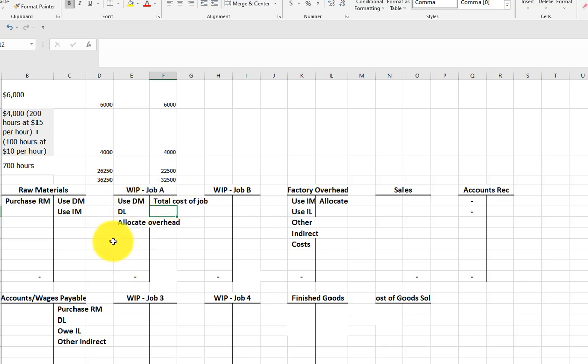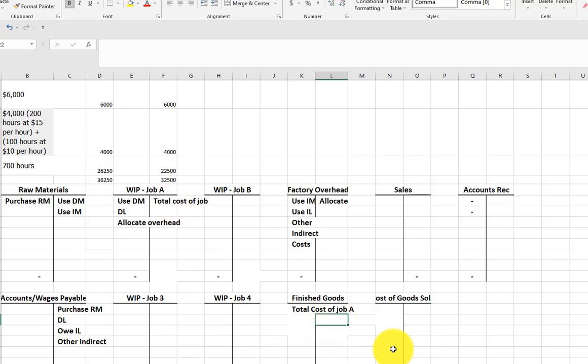So even if this job took 6 months and we had a whole bunch of direct material used, a whole bunch of direct labor, every 2 weeks we have more hours, and we allocated overhead at the end of each month, so we had that all taken care of, you would add up all that total. It could be 3, it could be 6, it could be hundreds. That total cost, and now it's finished. It's going to go down in finished goods. That's the debit, credit there, right?